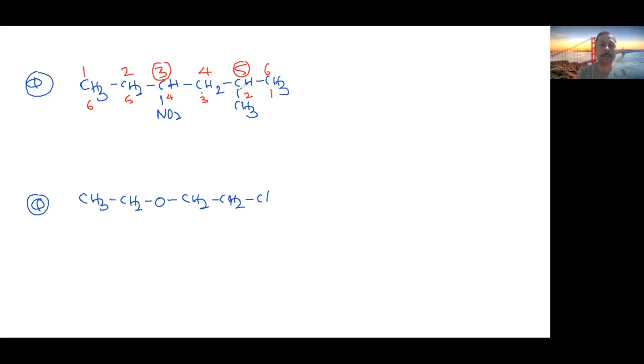Why am I doing this? Because now nitro is no more a functional group. So this is giving 2 plus 4 as 6, here it is giving 3 plus 5 as 8. So this numbering is correct.